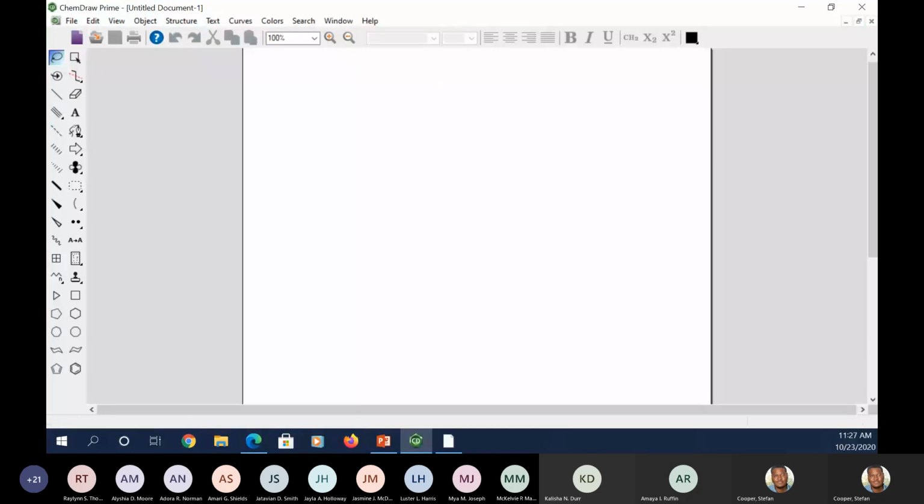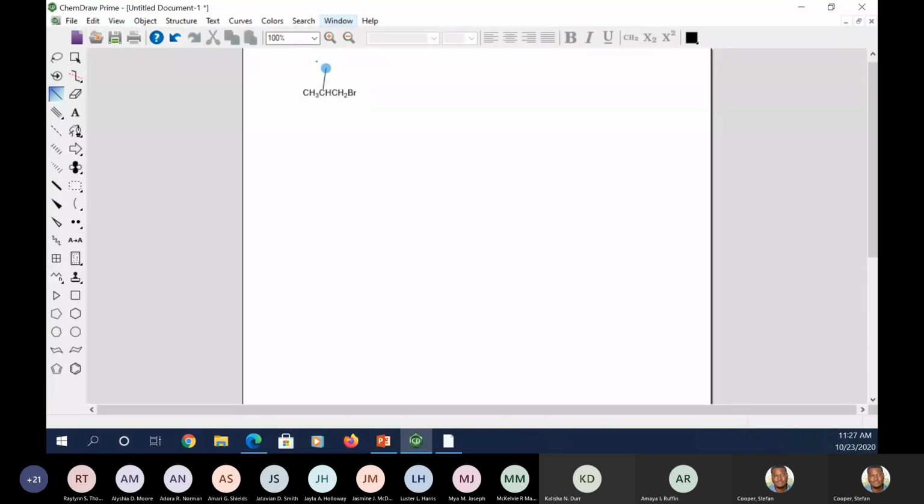All right, so can you guys see the screen? I just converted everything to the main computer here. Yes. All right. Let's work on that first question really quickly. You guys had this molecule here.